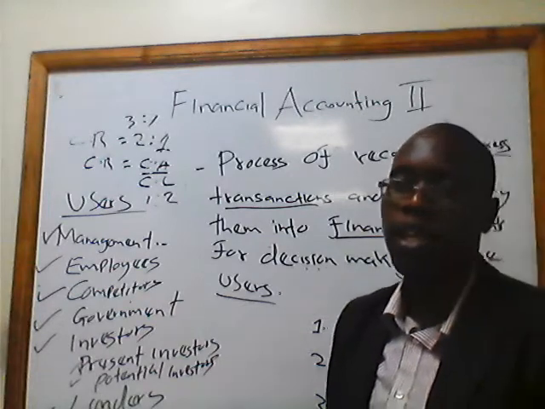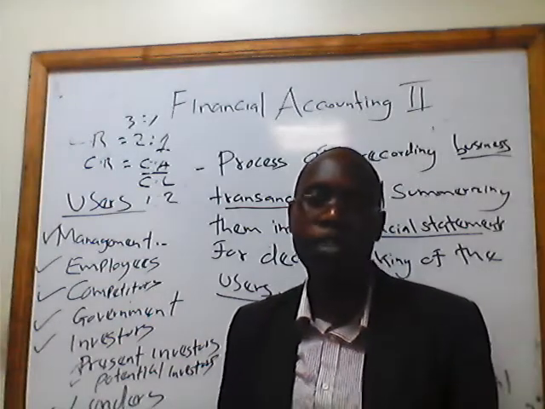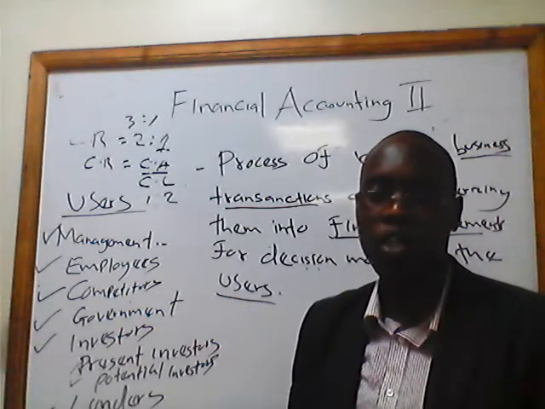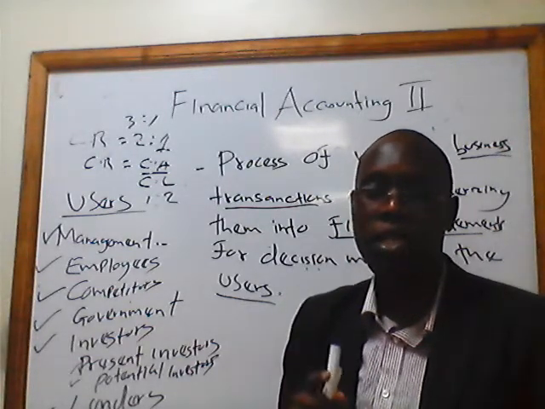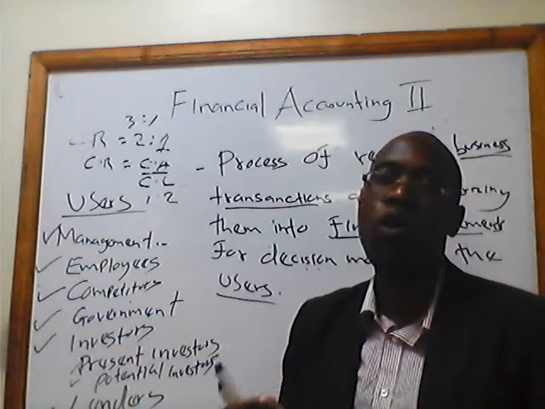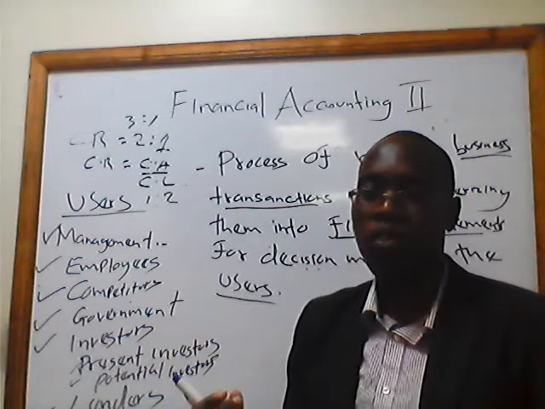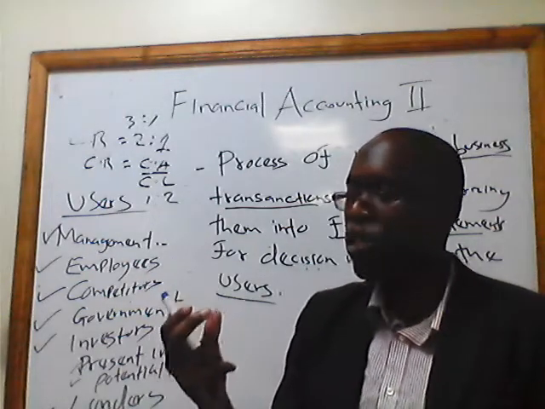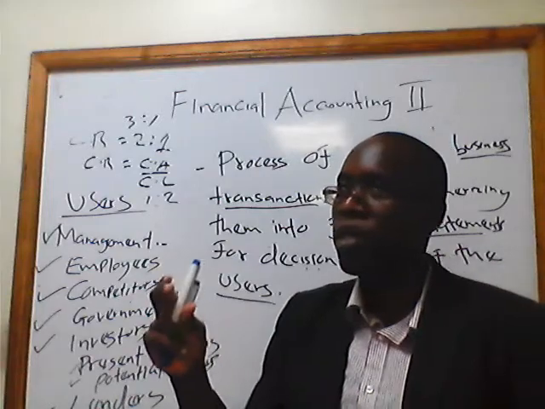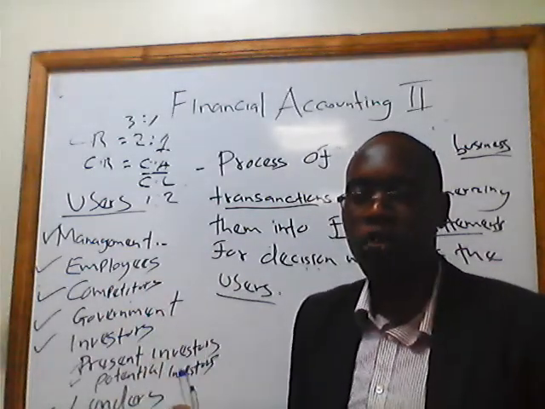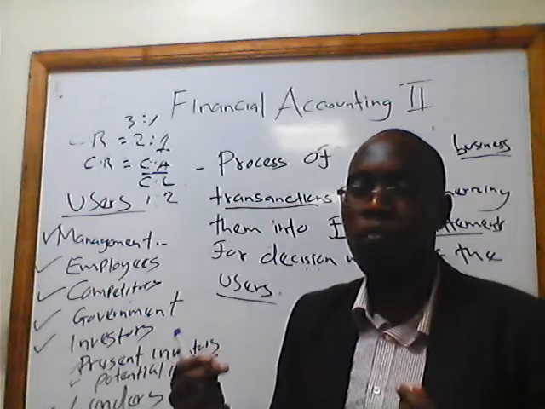Sometimes in other books, we are going to have the public or the society. The society is going to be interested in the financial accounting information of the company. If the company is generating a lot of profit, then the society is going to demand more corporate social responsibility. Corporate social responsibility is giving back to the society. So if the company in a particular society is making a lot of money, then the society will like to see more corporate social responsibility.